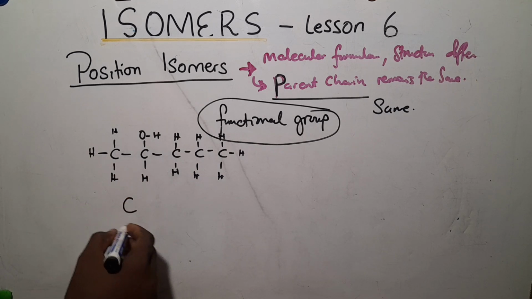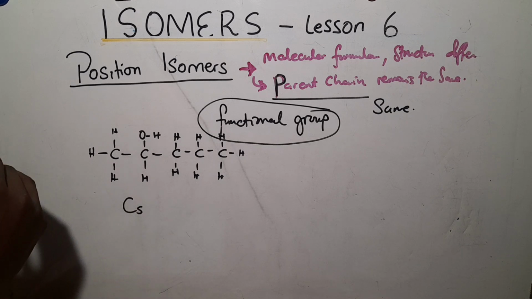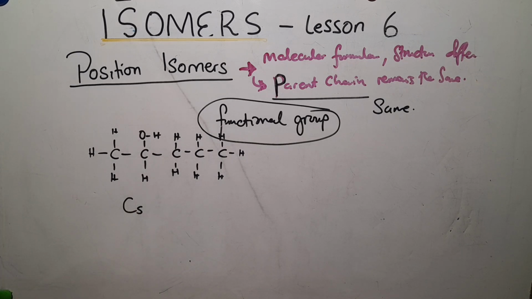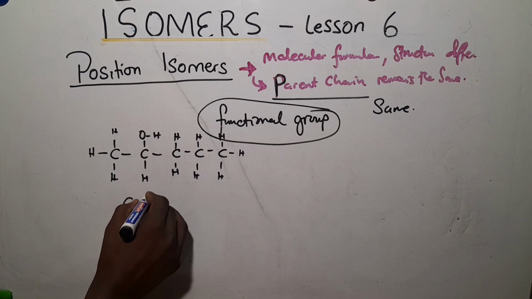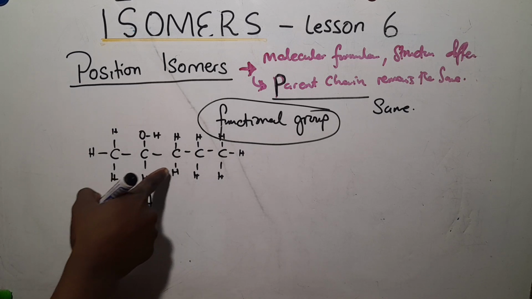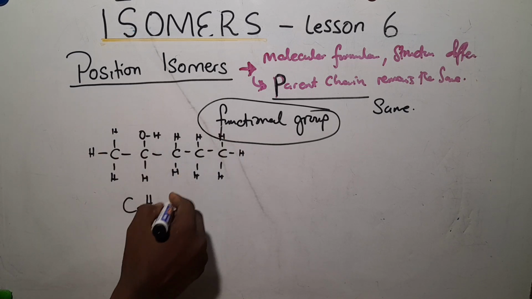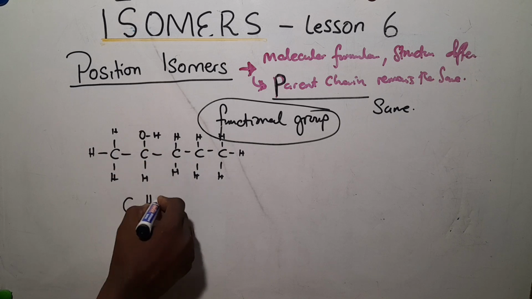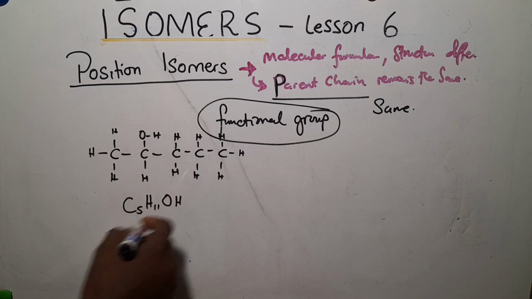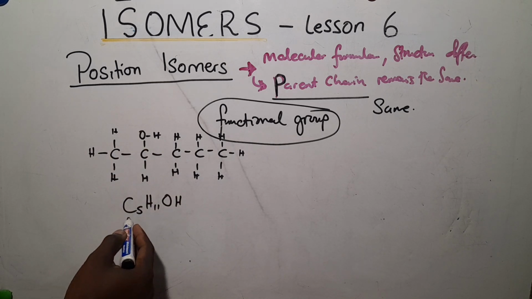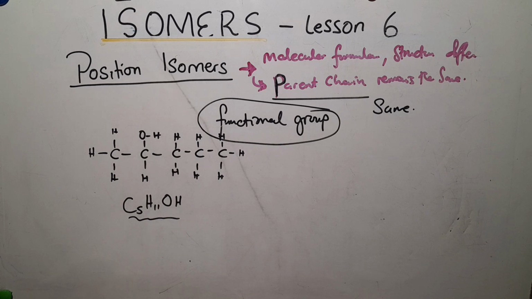This is still having 5 carbons. And also how many hydrogens? 1, 2, 3, 4, 5, 6, 7, 8, 9, 10, 11, plus this one that is having the H like that, right? So still the same formula like that.